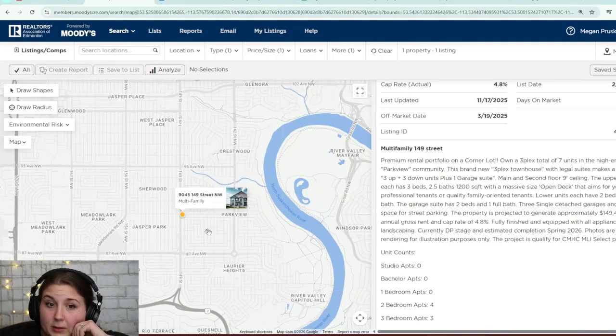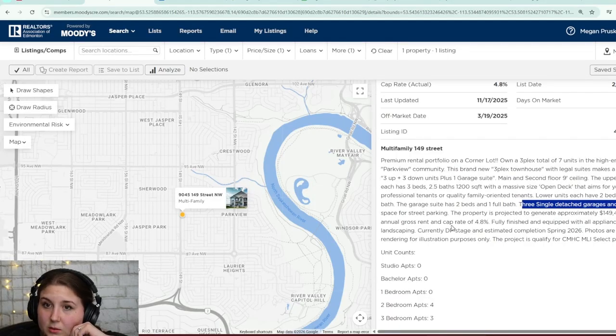Parkview is a very nice community. I will agree with that. Parkview is very, very nice. 3 up and 3 down, plus 1 garage suite. Oh. Lower units are 2 beds, 1 bath. We like that. Garage suite is 2 bed, 1 bath. 3 single detached garages.